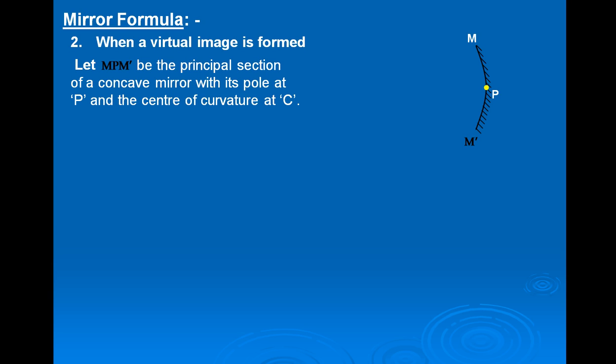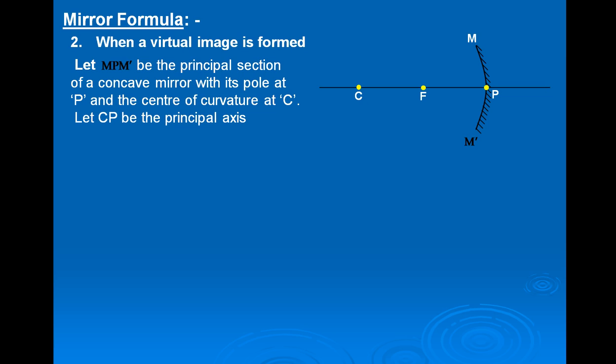This point is the pole P and this point is C, the center of curvature. Let CP be the principal axis, the line joining C and P.